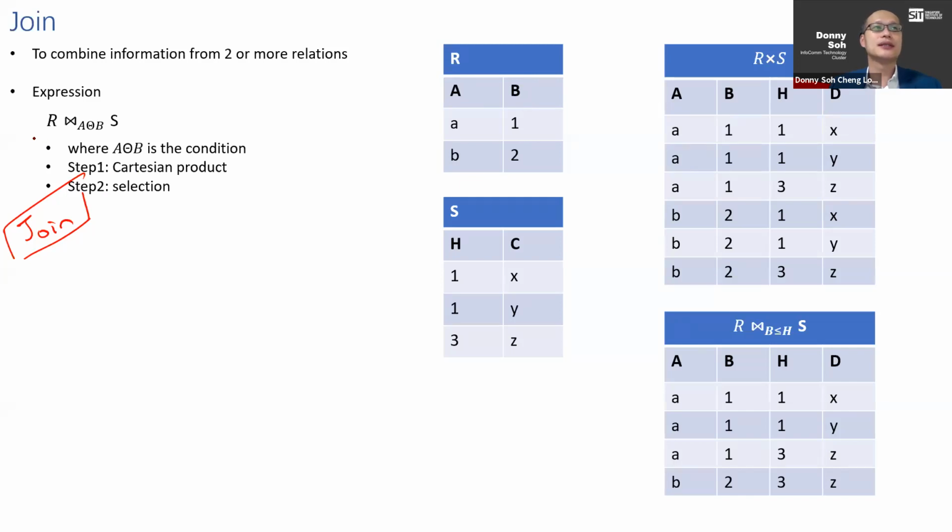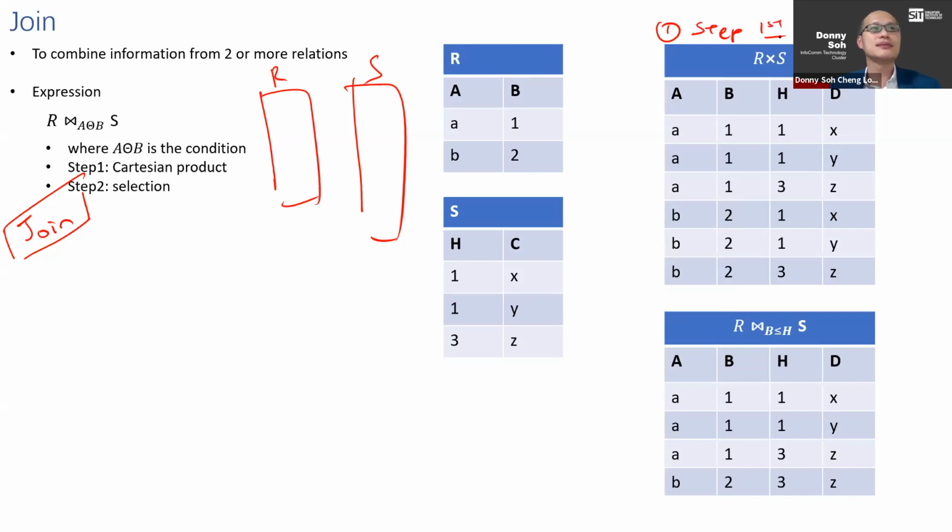We have table R and we have table S, and the first step we do is a Cartesian product.